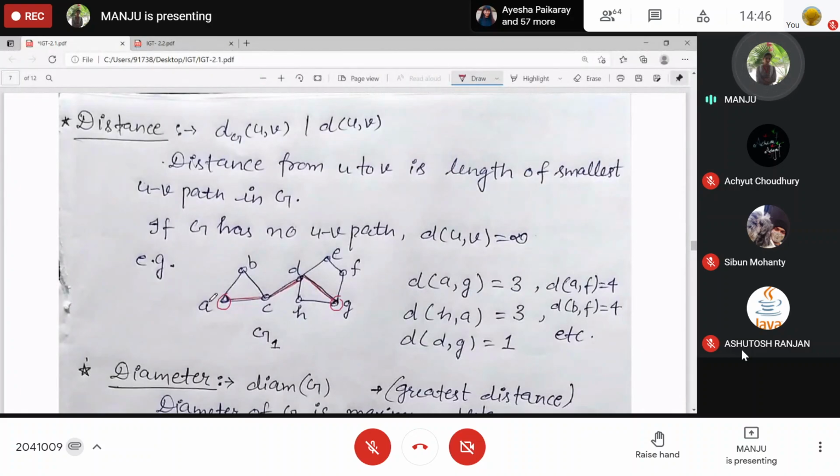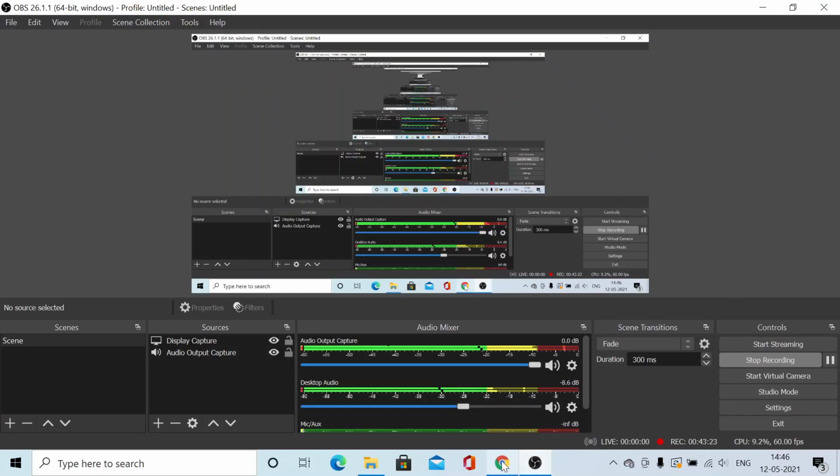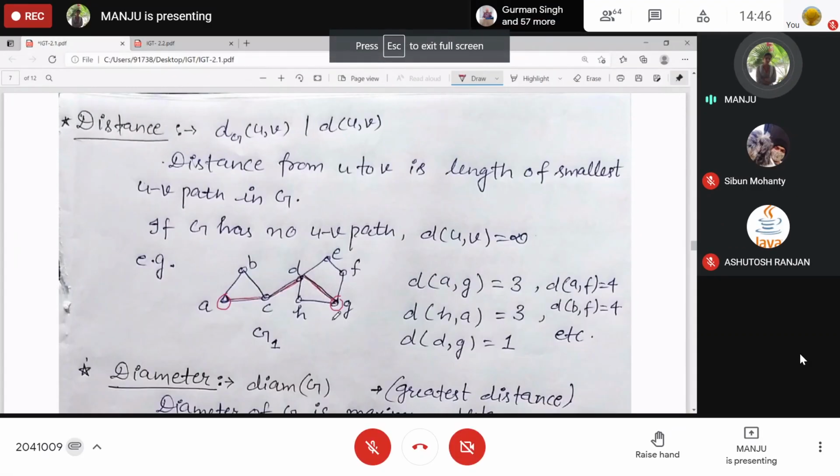How many paths exist from A to G? You have A, C, D, G. One is this one. Another is A, B, C, D, G. Another is A, B, C, D, H, G. A, C, D, H, G. Or A, C, D, E, F, G. Or A, B, C, D, E, F, G. Clear?